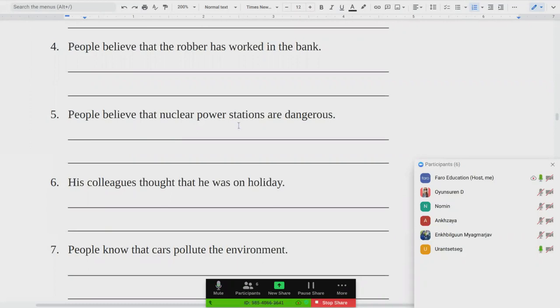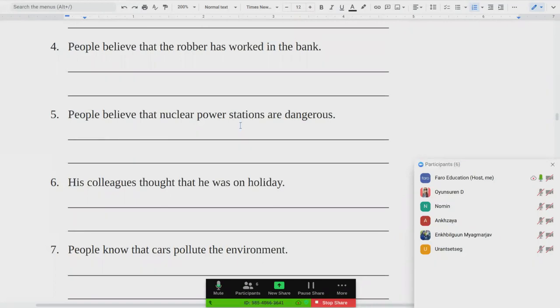Are believed to be dangerous. Are байгаа учраас энэ маань to be гэсэн үг. За зөв. Хүчин чадлын үйлдвэр станцууд бол аюултай хэмээн хүмүүс итгэдэг.